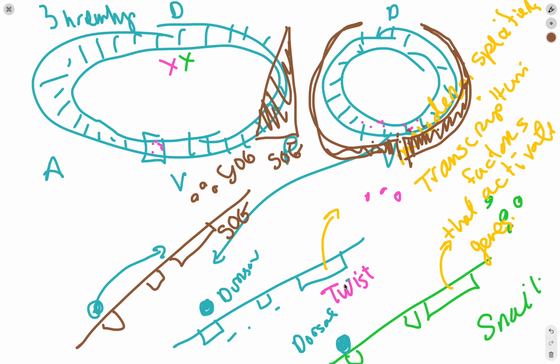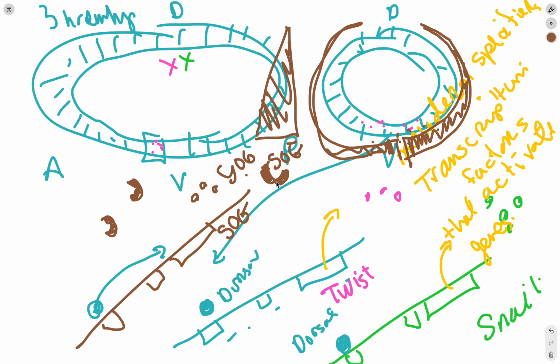It gets secreted, so we want to show it being made and going out of the cell. And I should draw the shape like this because it's going to bind and inhibit something. So we have lots of this inhibitor that gets made down here, okay?